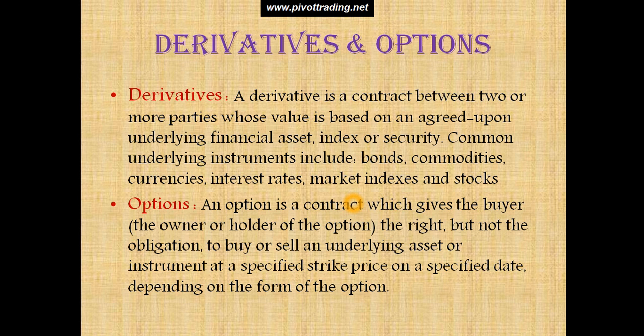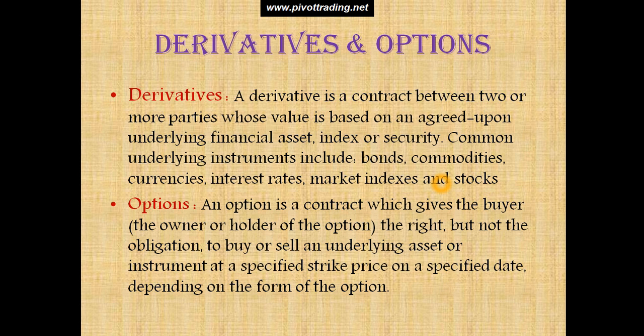Okay, so let's go into derivatives and options. Let's take a look at what derivatives are. A derivative is a contract between two or more parties whose value is based on an agreed upon underlying financial asset, index, or security. Common underlying instruments include bonds, commodities, currencies, interest rates, market indexes, and stocks. This is a very generic definition.